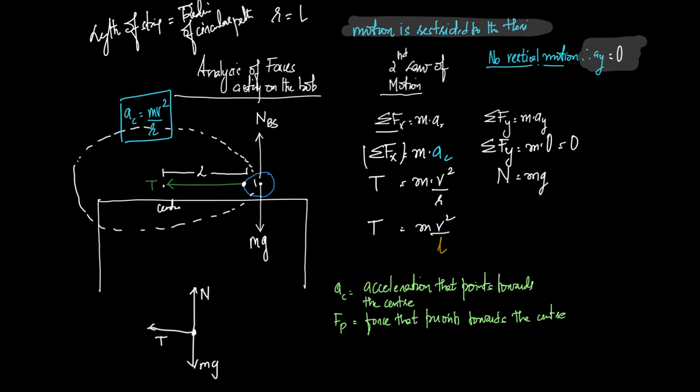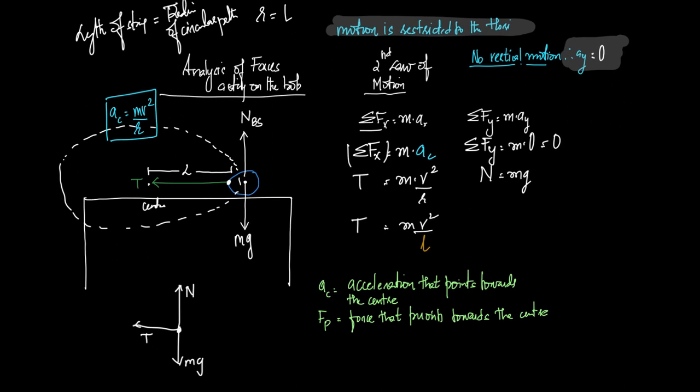What does it mean? Let me retake this equation one more time. If sigma Fx is equal to m into ac, I should write sigma Fx as sigma Fc.